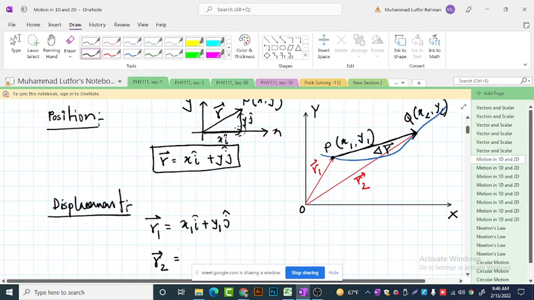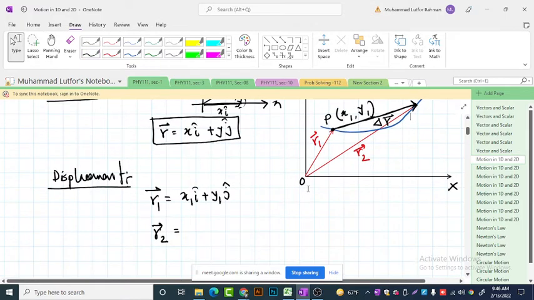Alright, so I'm going to find that del r right now. First I express r1 with respect to my origin. R1 can be written as x1 i hat plus y1 j hat, where i and j are the unit vectors in the Cartesian coordinate system. Now r2 I can write as x2 i hat plus y2 j hat.